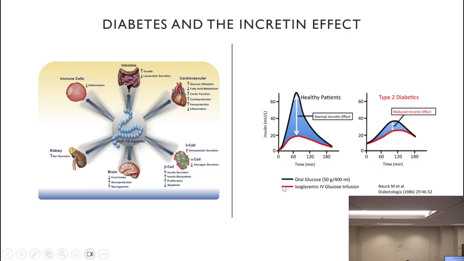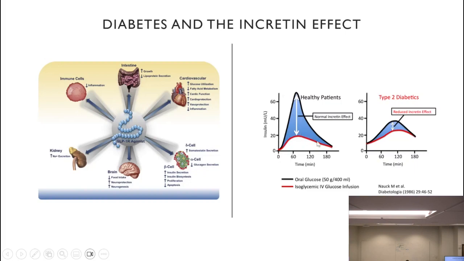Below, we have an IV glucose infusion, and we can compare insulin on the y-axis over time, how insulin levels vary. With the oral load of glucose, notice how insulin increases and peaks 1 hour later at a very, very high level.